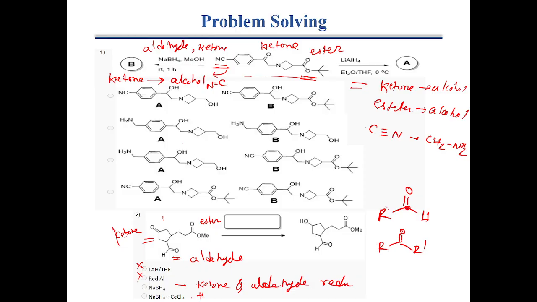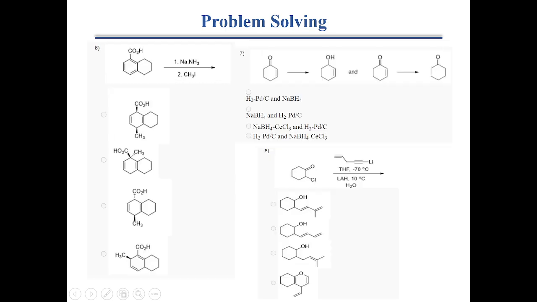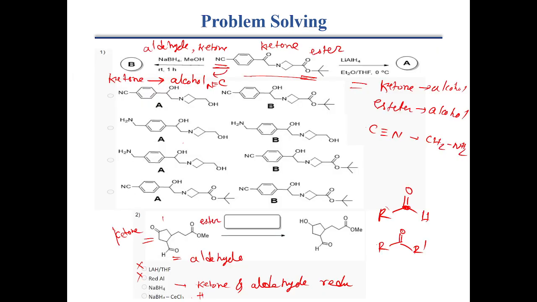This aldehyde is more electrophilic than the ketone, so activation of the aldehyde happens first by the Lewis acid cerium chloride. Now, when we do any kind of reduction, we use methanol or ethanol as a solvent. Methanol and ethanol are solvents containing water.